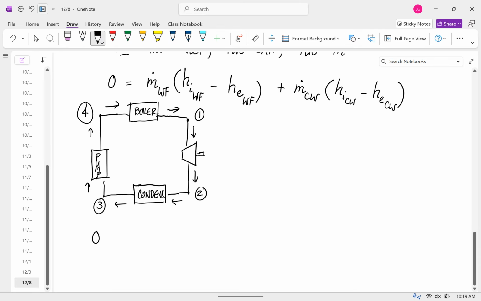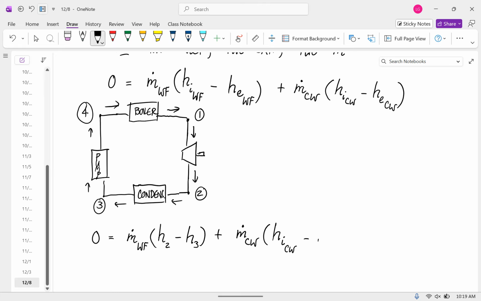So we have 0 is equal to the mass flow rate for the working fluid times the specific enthalpy at state 2 minus the specific enthalpy at state 3, plus m dot for the cooling water times the quantity specific enthalpy at the inlet for the cooling water minus the specific enthalpy at the exit for the cooling water.